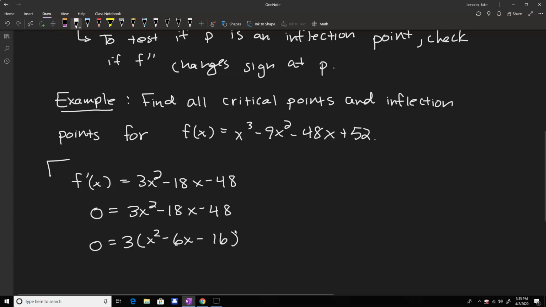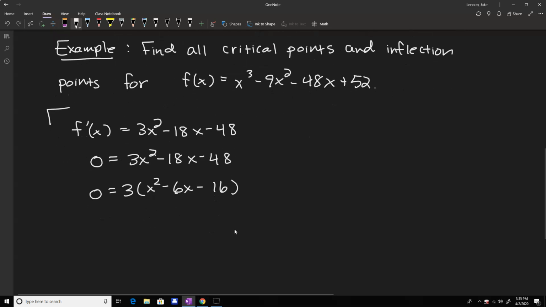Then that trinomial can be factored as well. So that factors into 3 times x minus 8 times x plus 2. So we get two candidates for our critical points, x equals 8 or x equals minus 2.